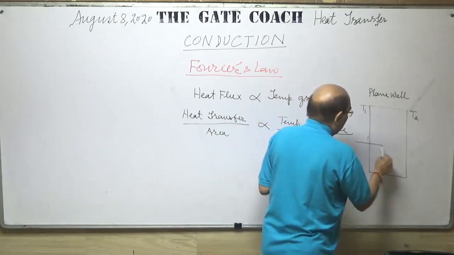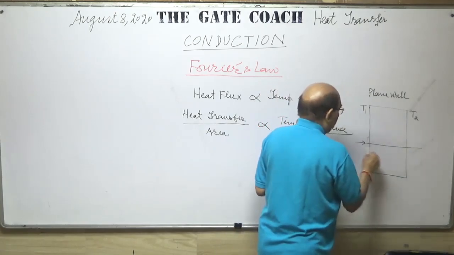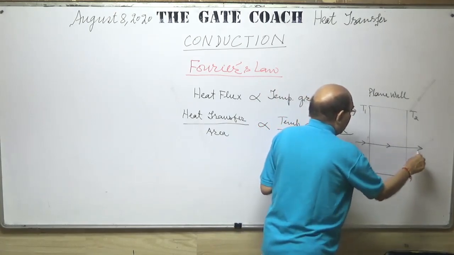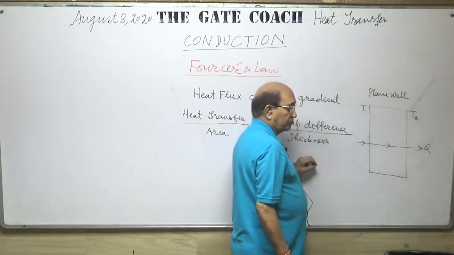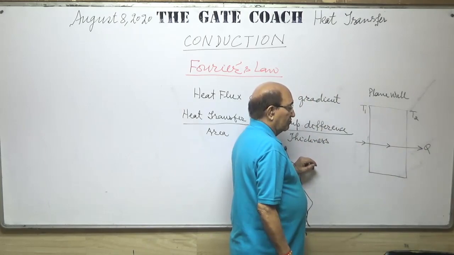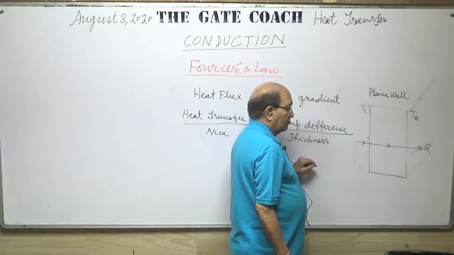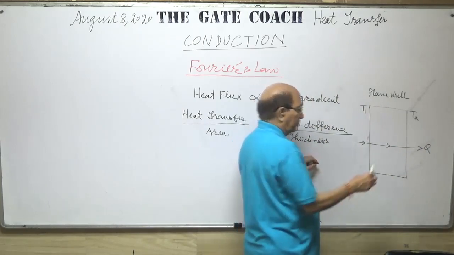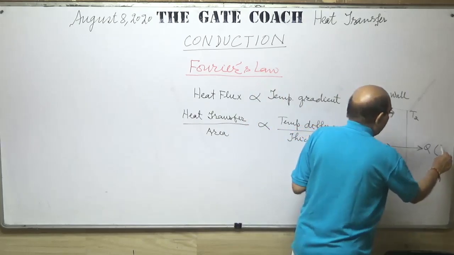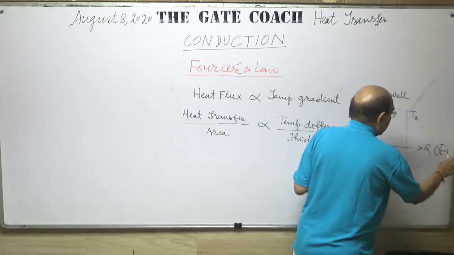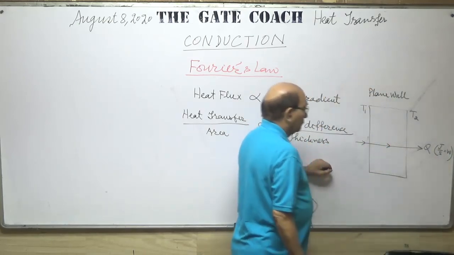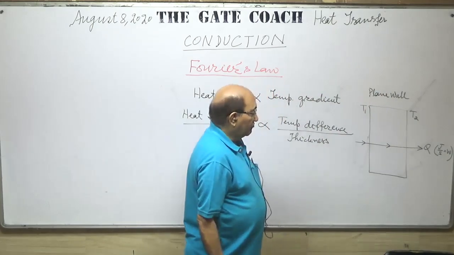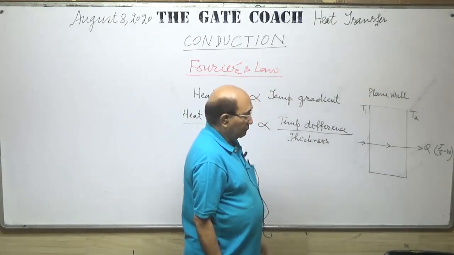Heat transfer taking place denoted by the symbol Q. What shall be the unit for Q? Joule per second. That is watt. Which is area.